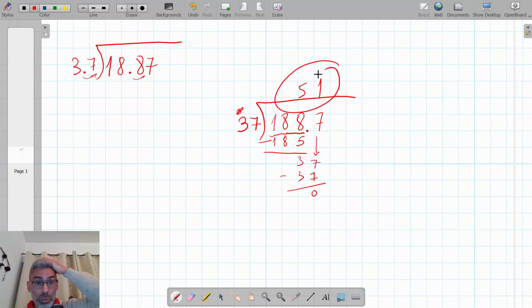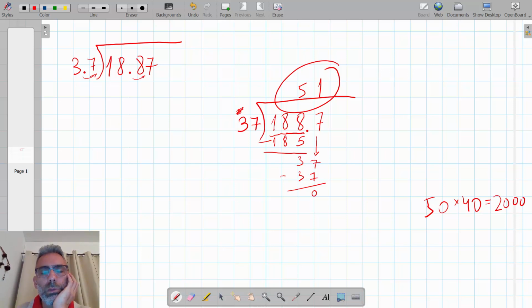Let's make sure it is in the ballpark. Okay, so if I round it to 50 times 40, it's 20 plus 2 zeros, it's 2,000. Okay, so it's 5.1.